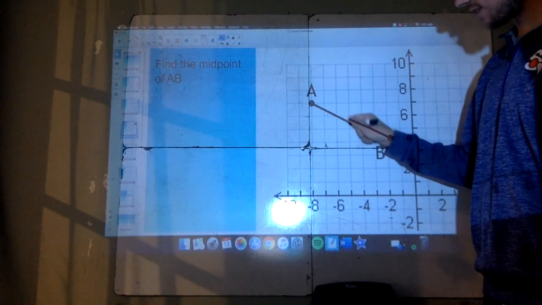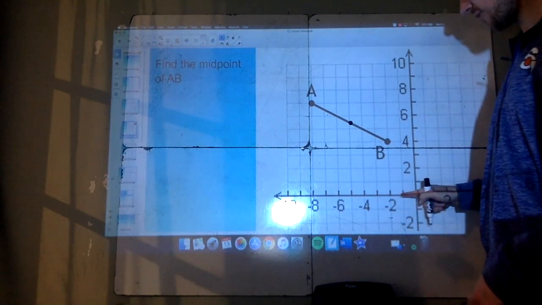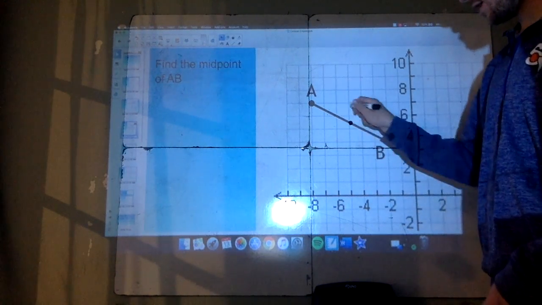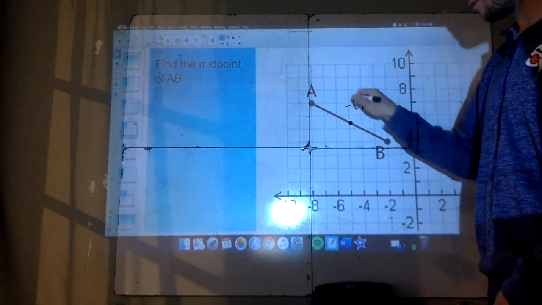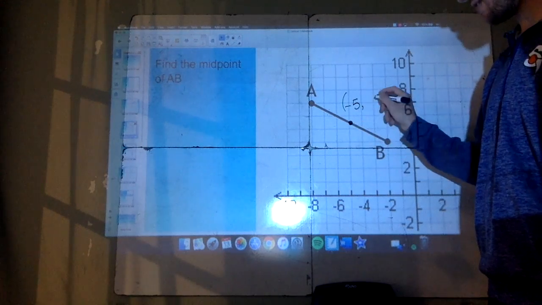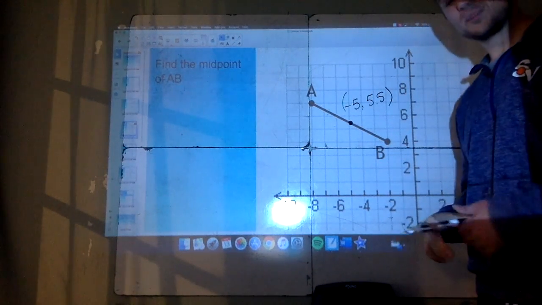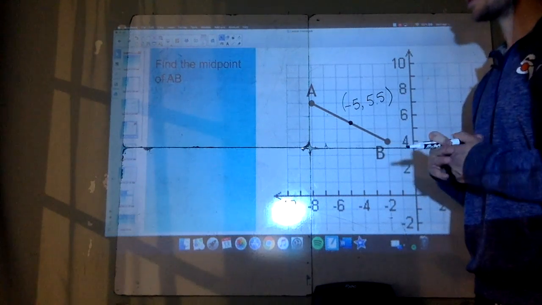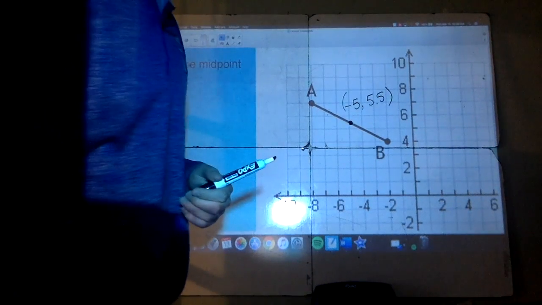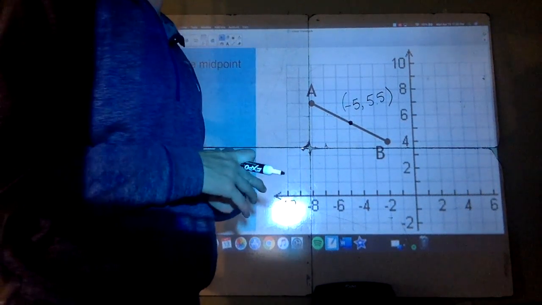It looks like it's right about there. If we were to guess, we go back 1, 2, 3, 4, 5, and up 1, 2, 3, 4, 5, maybe up 5.5, which is a pretty good guess here, but it's not always going to be that easy. So we need some sort of formula. How can we calculate that exactly?